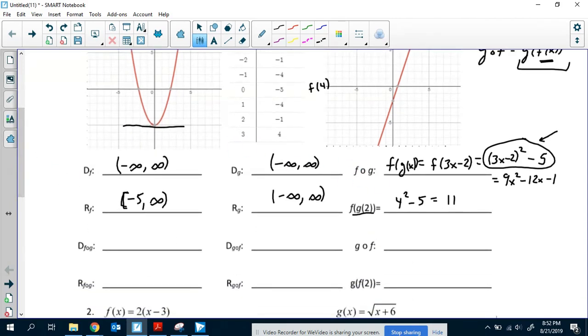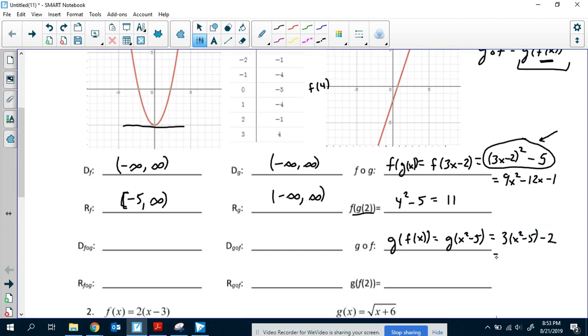Now if we take a look at g of f, once again, that's the same thing as g of f of x. So I'm going to substitute f of x in here, and now I will have g of x squared minus 5, which is the same thing as 3 times (x squared minus 5) minus 2.